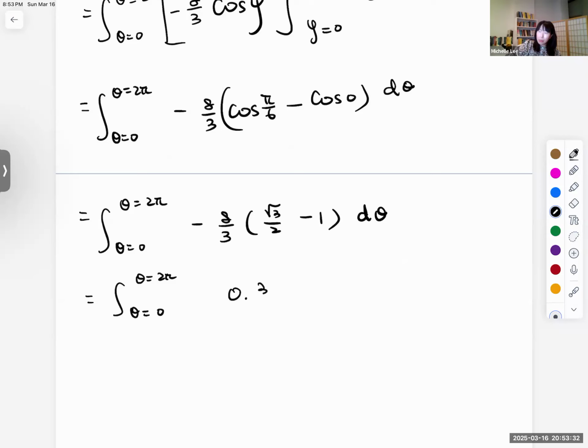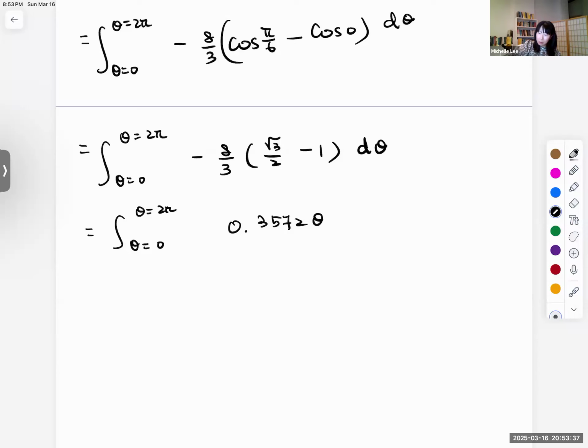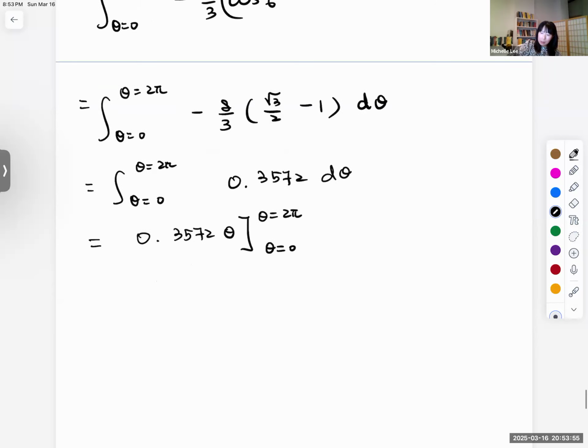So we have 0.3572 d theta, sorry. Is it correct? Okay, now we integrate with respect to theta. So we have 0.3572 theta, evaluated from 0 to 2 pi. So that will be 0.3572 times 2 pi. So what do you get? 2.24. Okay, so that's just one problem from spherical coordinates.